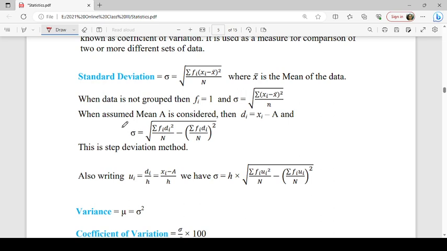And like in the case of average, we consider one assumed mean a, then take the deviation of the mid values xi from a. This is di, and this is the formula for it. The step deviation method is where we divide this d by the length of classes. So these are the three formulas for standard deviation.